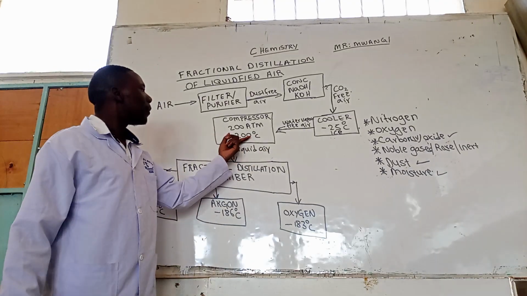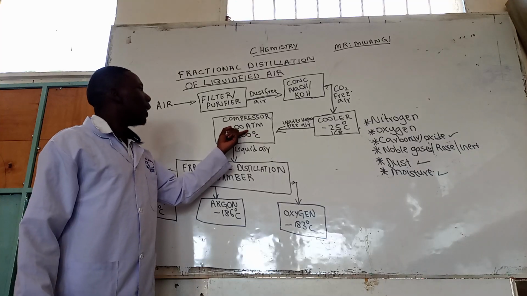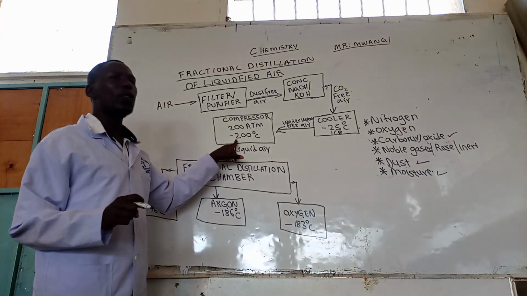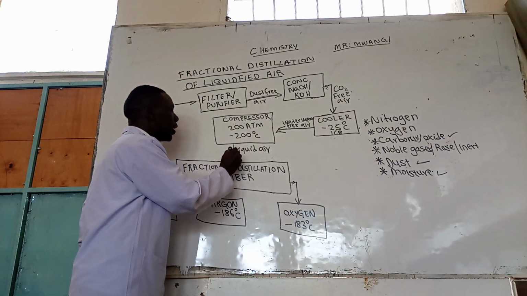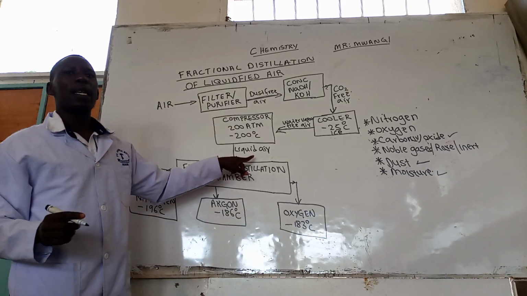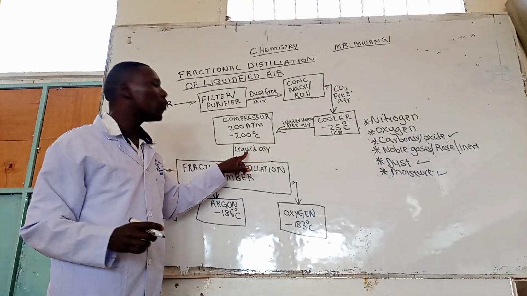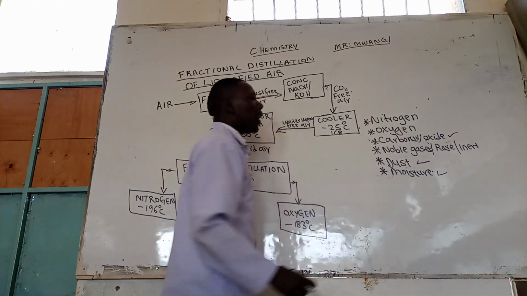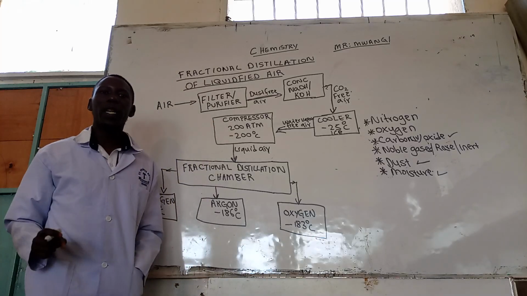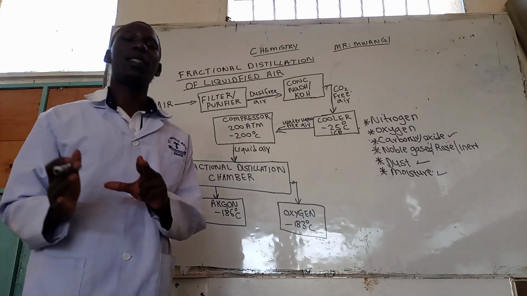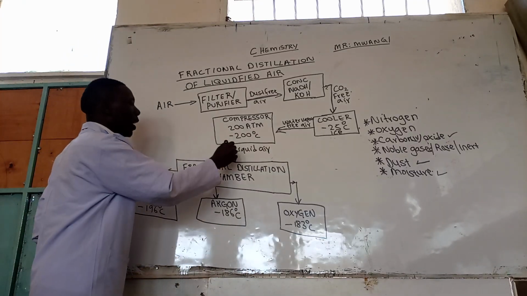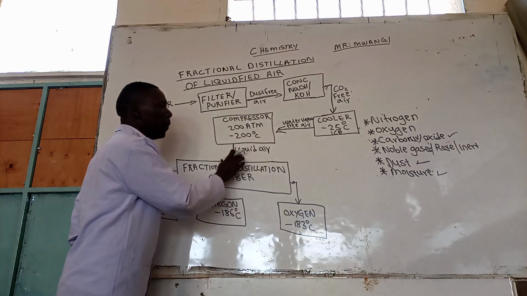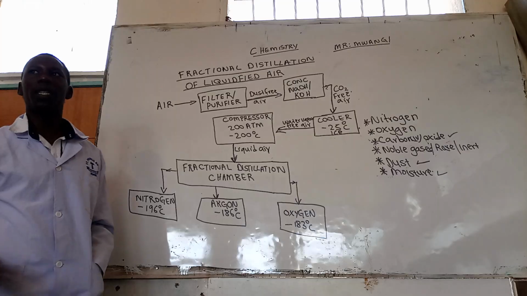So at this point, the air is compressed with high pressure and low temperature, in that the air now changes from gaseous state into liquid state, because these components of air that have remained have reached their boiling point. Therefore, they will change from gaseous state to liquid state. So at negative 200, they are compressed, and then the liquid air is taken to the fractional distillation chamber.